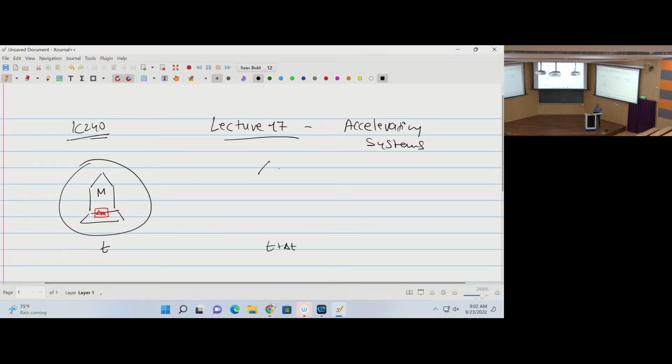At time t plus delta t, this delta m mass of fuel has burned and been released from the rocket, but my system still has to have that same amount of mass, because that's how we define systems.